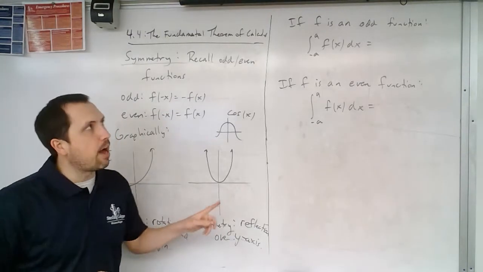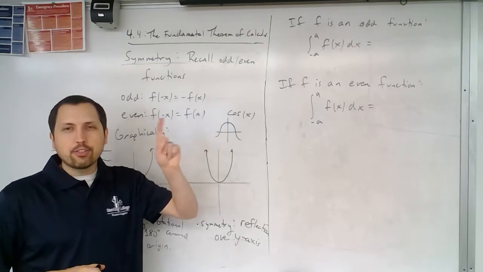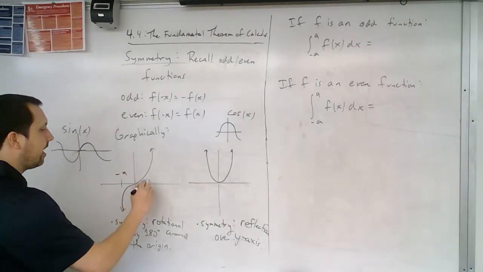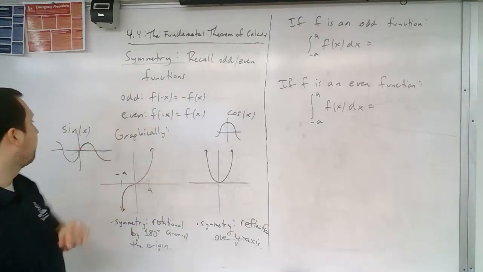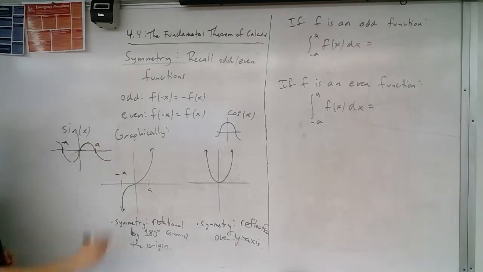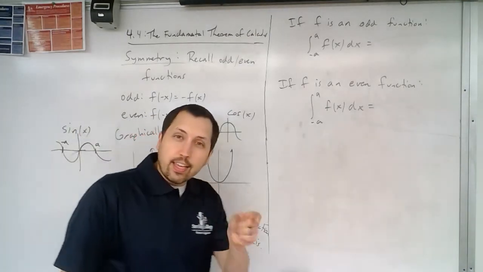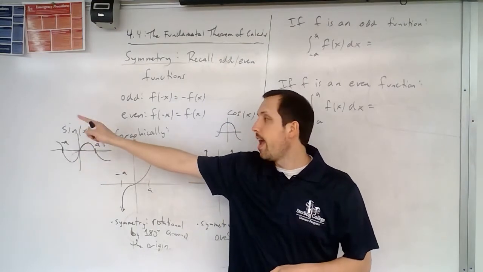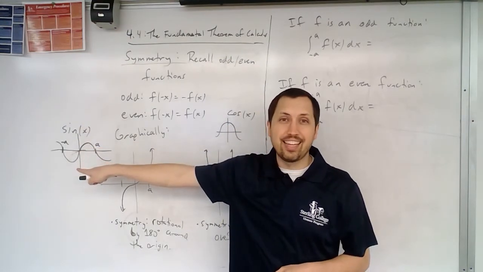So if we think now about integrals, how does that relate? If I took the integral from, say, negative a to a of an odd function, if we think about net areas, remember area above the x-axis was positive, area below the x-axis was negative.